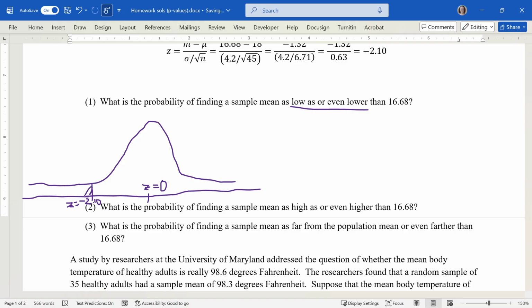So as low as or lower sample means would have z-scores over here, lower than this one. So it's a left tail, and we want to know what this area in the left tail is. So we're going to use our table of areas and look up the CDF, otherwise known as the area to the left of this z-score of negative 2.10.